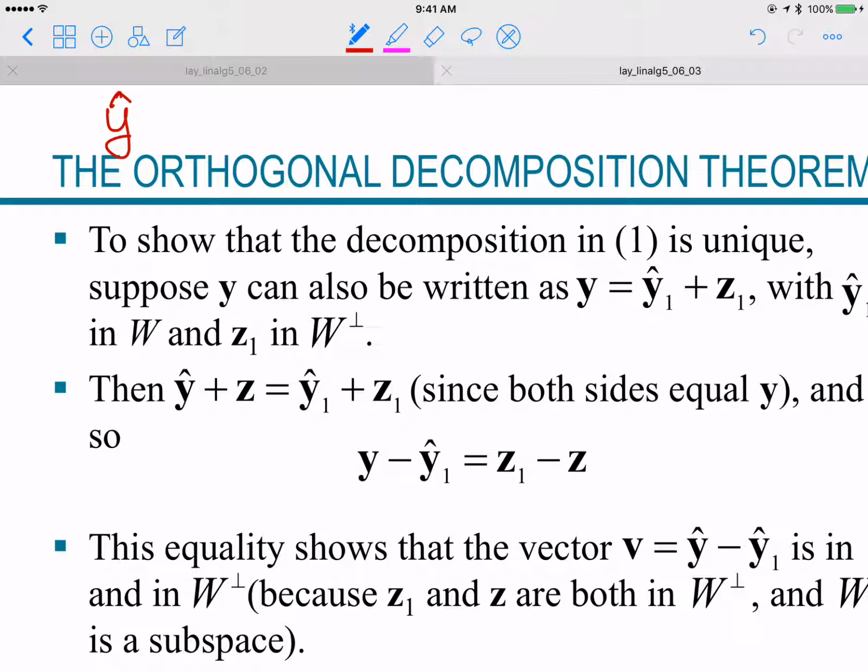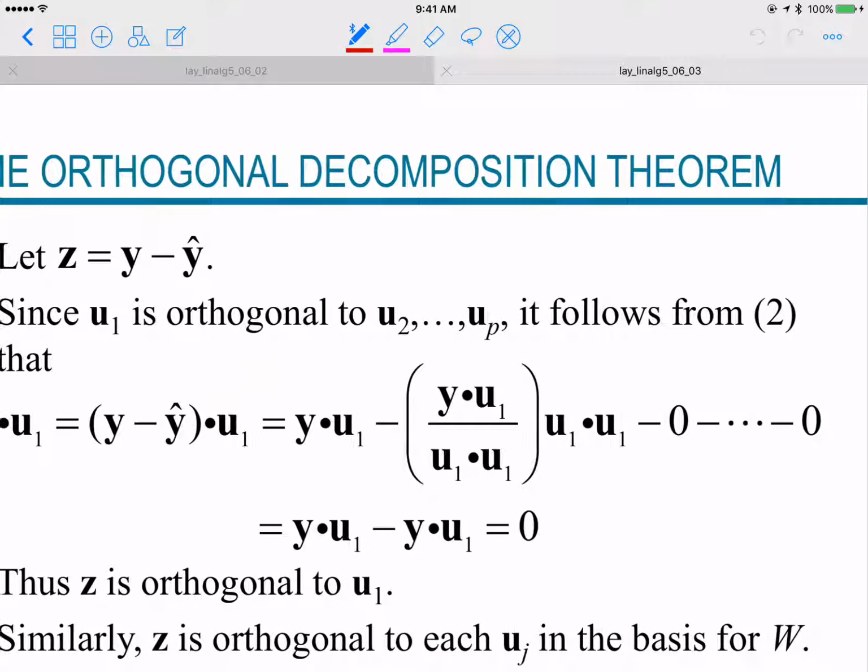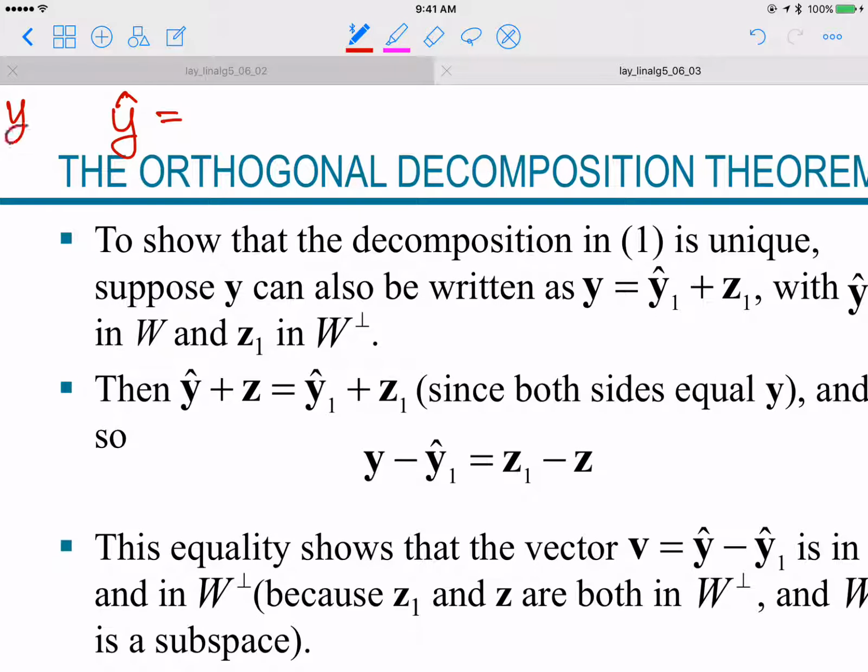Let's think about y hat first. y hat should belong to our subspace W, and if the basis of our subspace was u1 through up, then we can represent y hat as a linear combination of the u vectors.